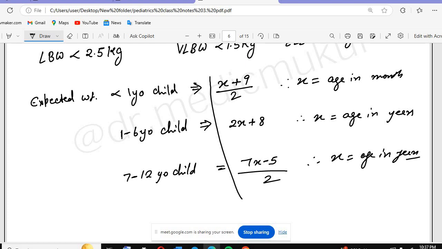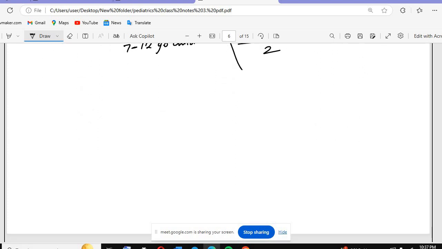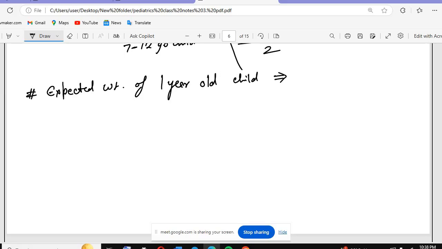And remember that we have to remember some normal values also. The expected weight of a 1 year old child would be around 10 kg. Remember that the weight of the baby doubles by 5 months.